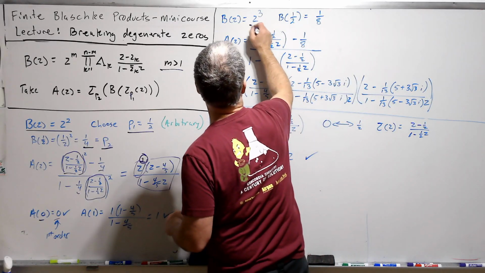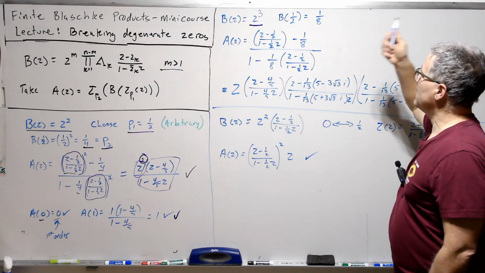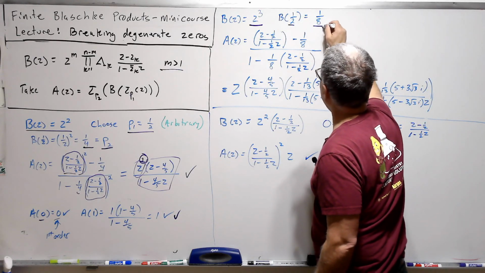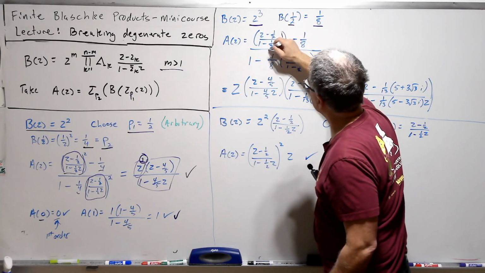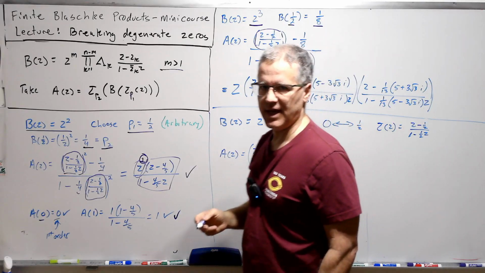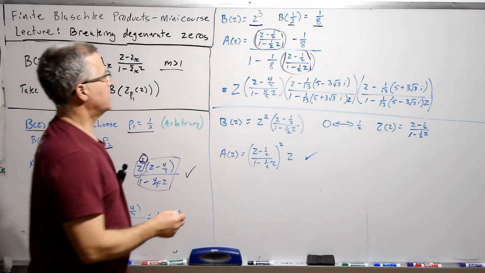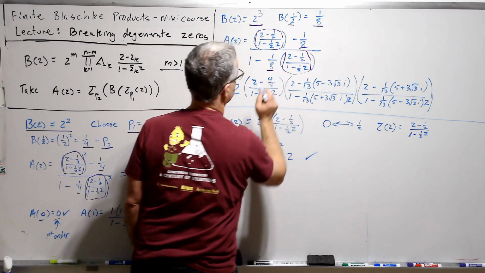Okay, well, let's do one more. Let's do z to the 3rd power. So we plug in a 1/2 and we get a 1/8. So this part here is the pre-composition with a Mobius transformation, and then here's the post transformation.